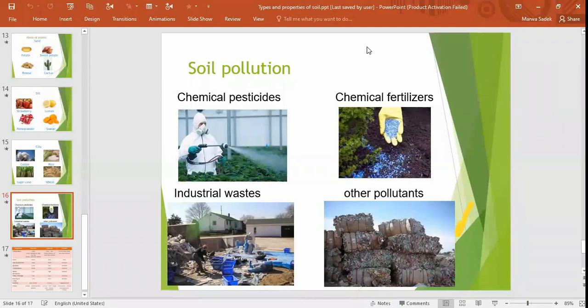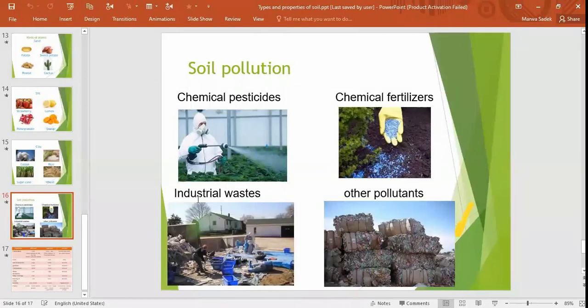Chemical fertilizers. They are materials that the farmer uses on the farm to let plants, vegetables and fruit grow well. But they affect the soil, causing soil pollution. Number 3, industrial wastes, the wastes that come from industry, from the factory.